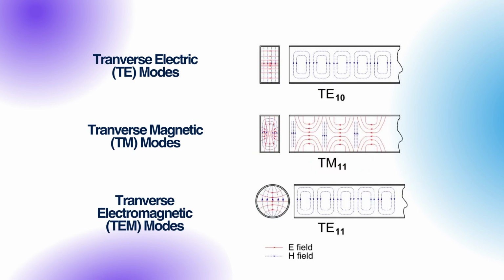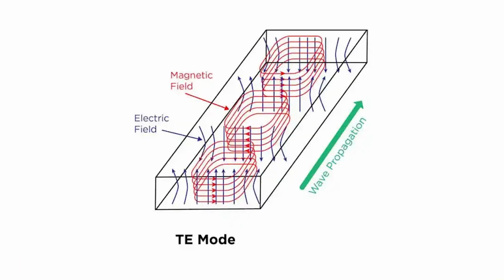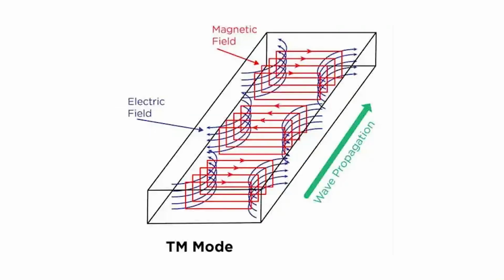There are several types of modes of propagation in waveguides. The first one is the transverse electric mode, which is TE. The electric field is entirely transverse to the direction of propagation with no longitudinal electric field component. For the transverse magnetic mode, or TM, the magnetic field is entirely transverse to the direction of propagation with no longitudinal magnetic field component.